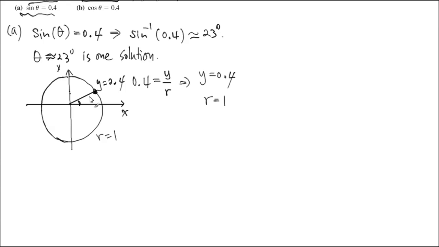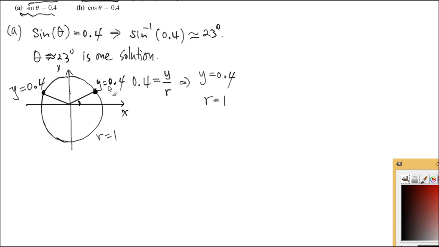And do you see that between 0 and 180 degrees, there's one more point whose y coordinate is exactly 0.4? You see that? Between 0 and 180 degrees. It's over here. Correct? That one also has y equals 0.4. The x coordinate has the opposite sign. So what is the angle for that one?